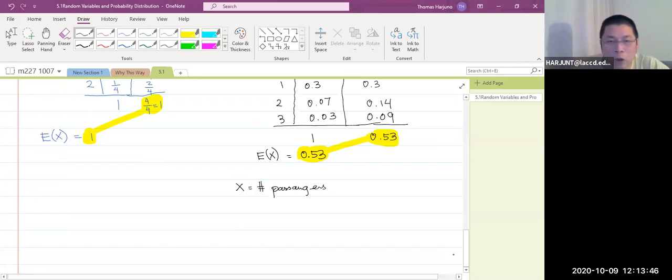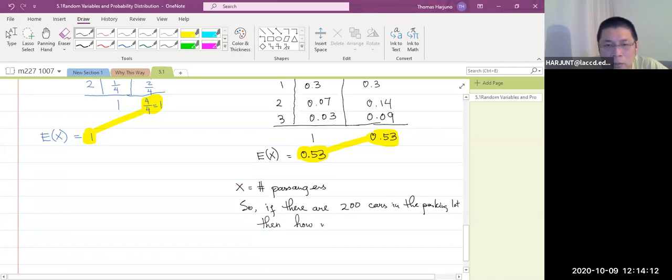So, how do we use this information? If there are, let's say, 200 cars in the mall parking lot, then how many passengers do we expect?